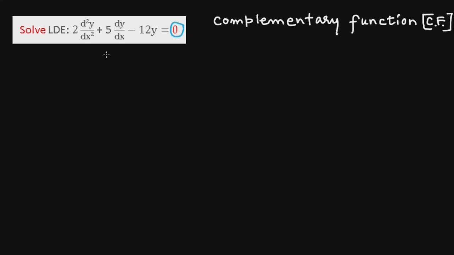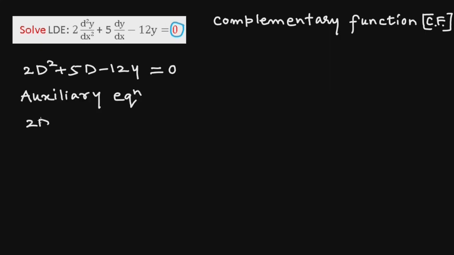In terms of d, this LDE will be (2d square plus 5d minus 12) y equals 0. The auxiliary equation will be 2d square plus 5d minus 12 equals 0. This is a quadratic polynomial. Factors of minus 24 are plus 8 and minus 3.